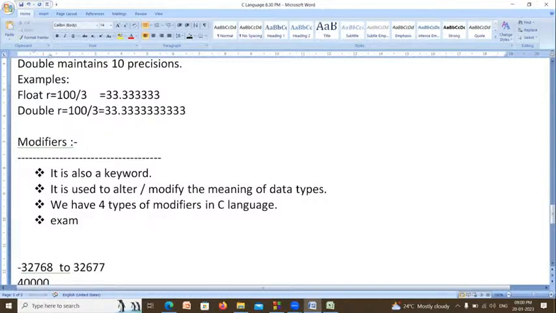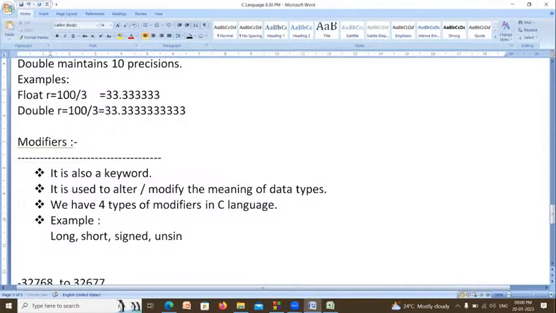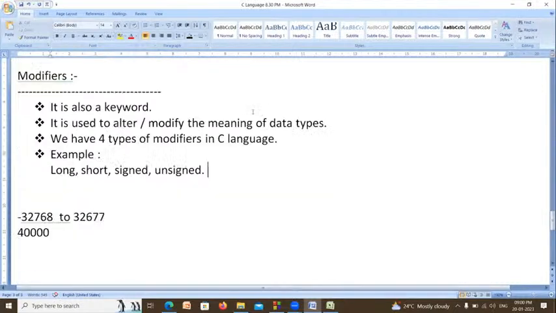For example, what are the 4? These are long, short, signed, unsigned. These are the 4 modifiers we need to use. If you want to increase the size of integer, then we have to use long integer.